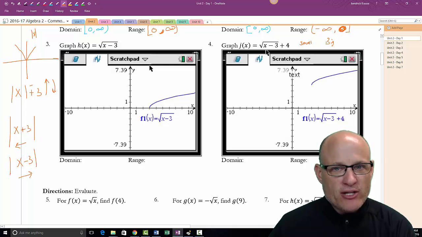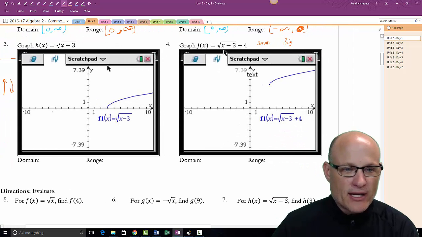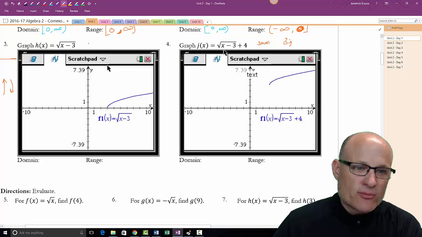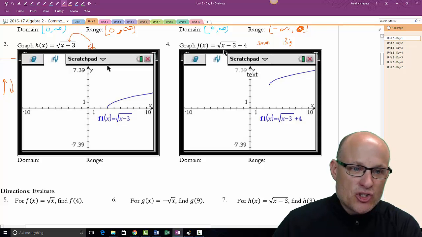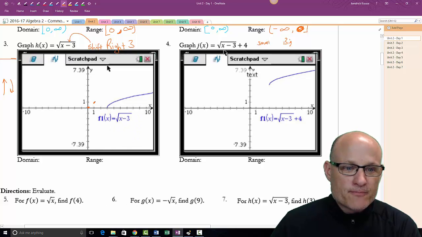Well, nothing's going to change here with these. This is the nice thing about these transformations. It should be obvious what's going on. Notice we are subtracting 3 on the inside. This is a shift to the right 3 units. So normally I'd have 0, 0, and then I'd go up 1, 1, and then I'd go up 4, 2.